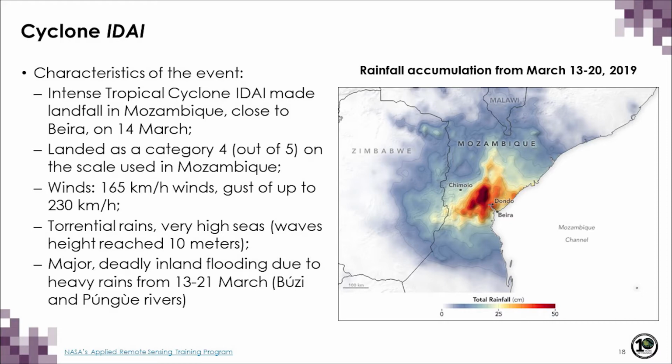There was catastrophic deadly inland flooding due to the heavy rains that lasted from 13th to 21st of March, particularly in the Busi and Pungwe rivers. And the rainfall accumulation is displayed in the map to the right of the slide.